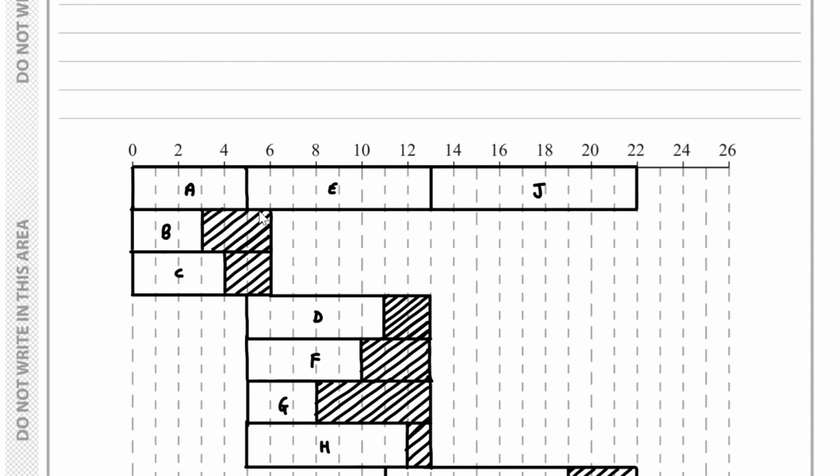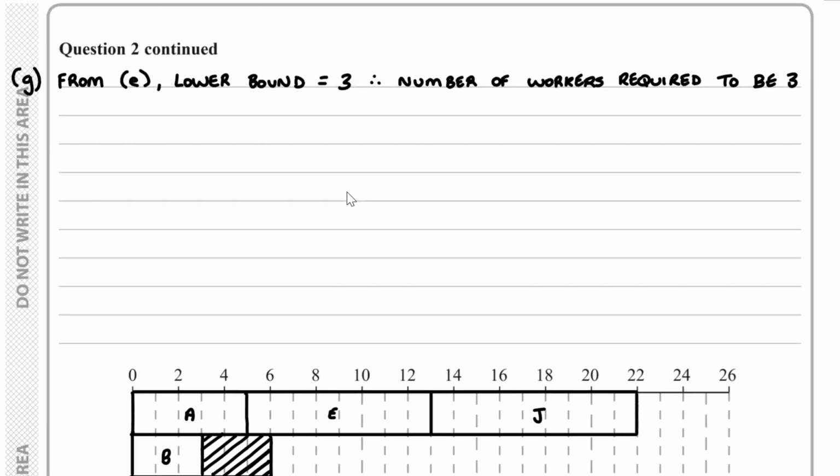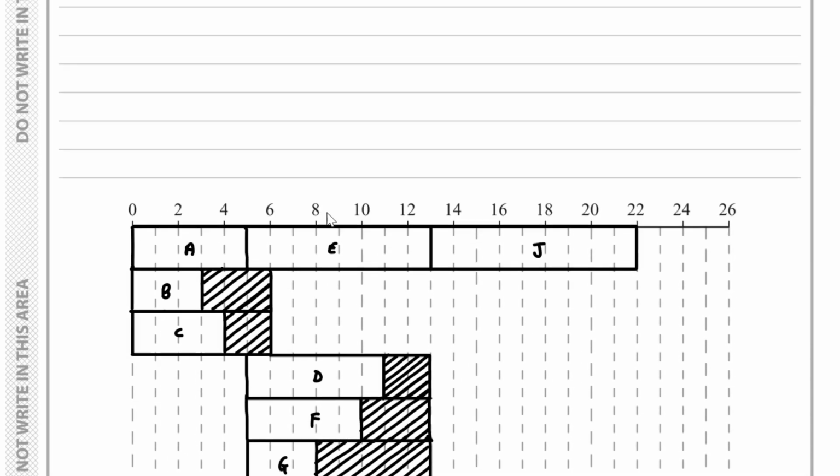So once A is finished, D can start, E must start, F, G, and H must be happening, once A is finished. And that's in between 5 and 13. We can shift these around. Of course, when I talk about shifting around, we can start D, F, G, and H later. But between 5 and 13, all of these activities must be happening. So let's just write that down. So between 5 and 13 hours, E, D, F, G, and H must be happening, and you can see that from this diagram over here.